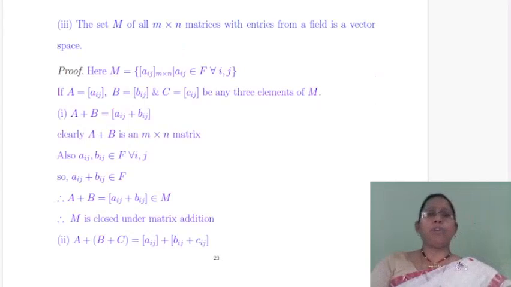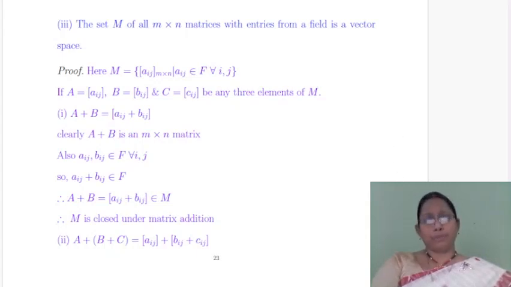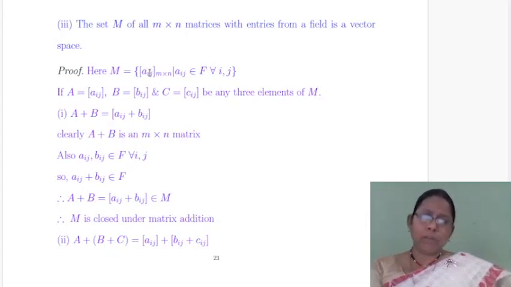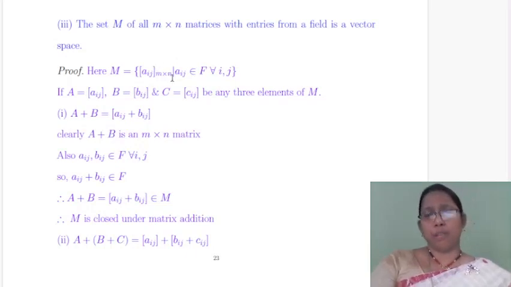Next example: the set of all m by n matrices with entries from a field is a vector space. To prove this, let M be the collection of all m by n matrices whose elements belong to field F. Matrices are rectangular arrays of elements arranged in m rows and n columns.